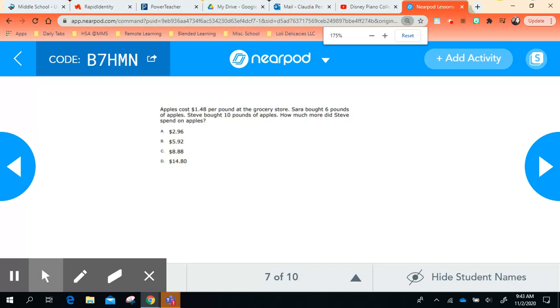Okay, so I'm gonna start reading it. Lo voy a empezar a leer mientras que lo sigan escribiendo. I may not get to all, but I want to make sure they have time to do it in their notebooks, like their classwork. So I'm going to cut us off at 10, the latest. Apples cost $1.48 per pound at the grocery store. Sarah bought 6 pounds of apples.